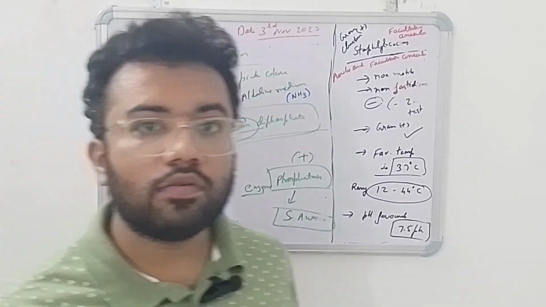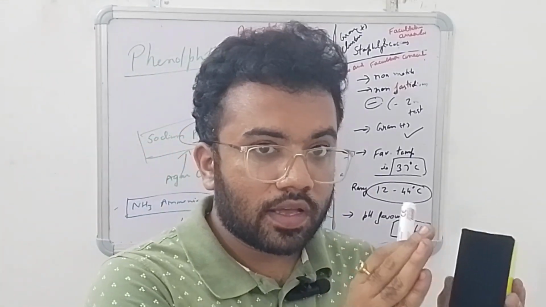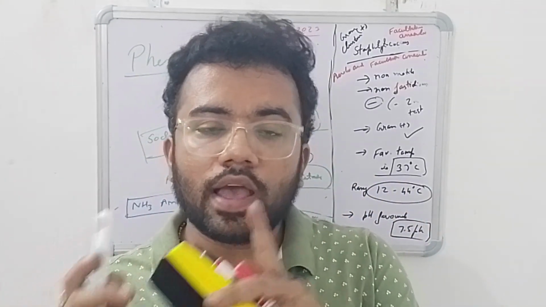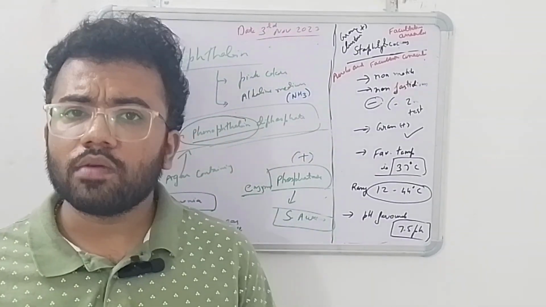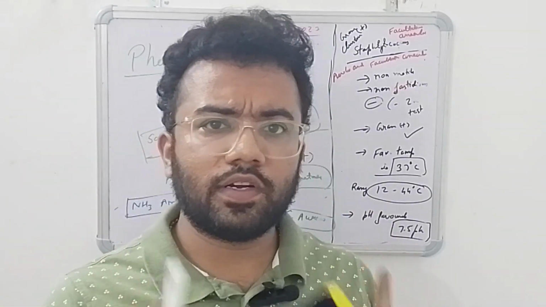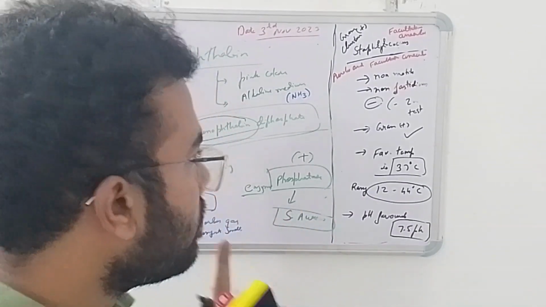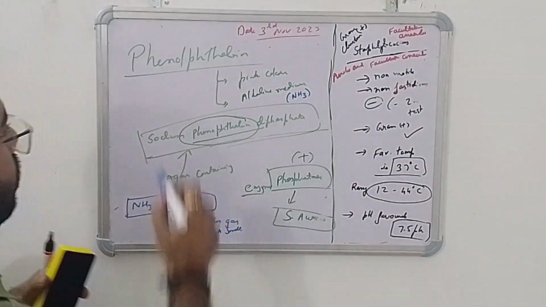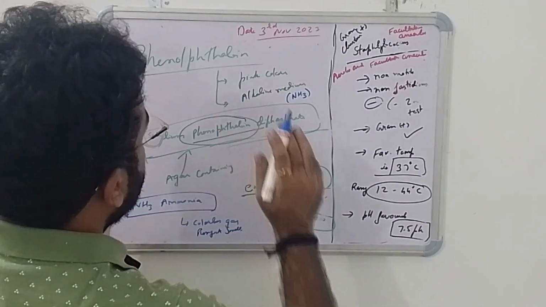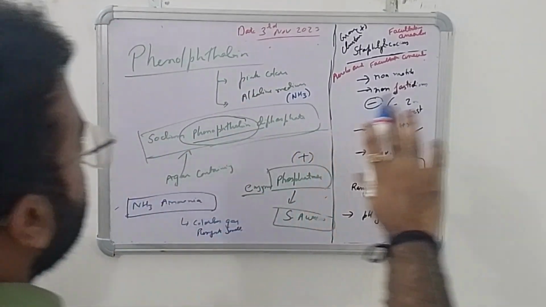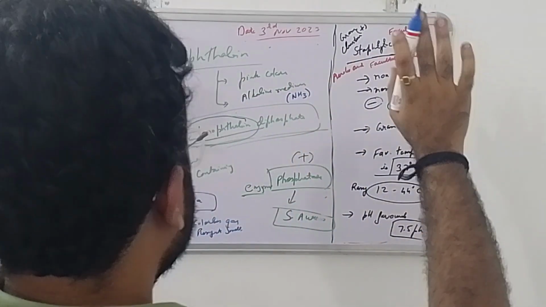It's very important to distinguish between S. aureus, S. epidermidis and S. saprophyticus, because the concentration of phosphatase will be highest in S. aureus. Just remember that this phenolphthalein test is to distinguish between S. aureus and S. epidermidis and S. saprophyticus.